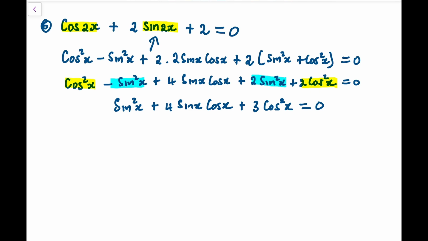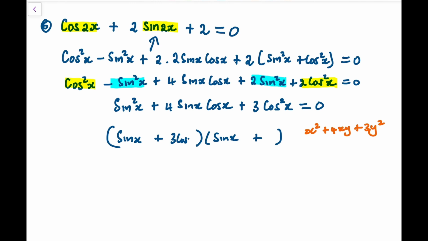So this is the same as x squared plus 4xy plus 3y squared. So we can factorize it as: this is sine x multiplied by sine x, and then plus, and then with cos, it will be 3 cos x multiplied by cos x, is equal to 0.